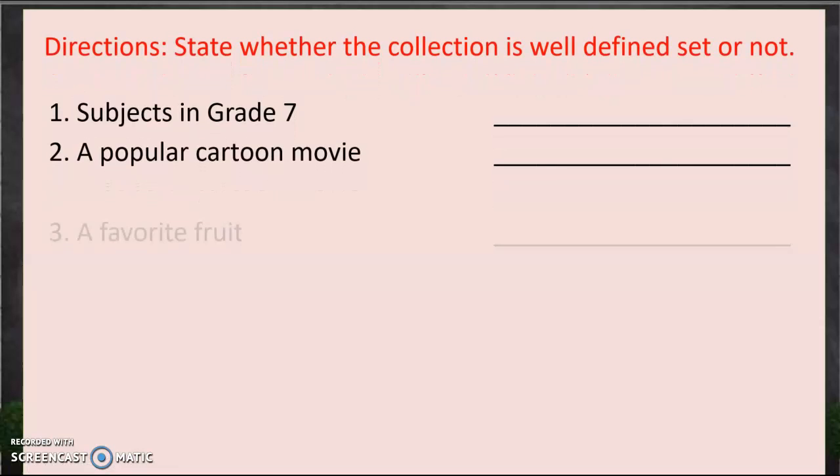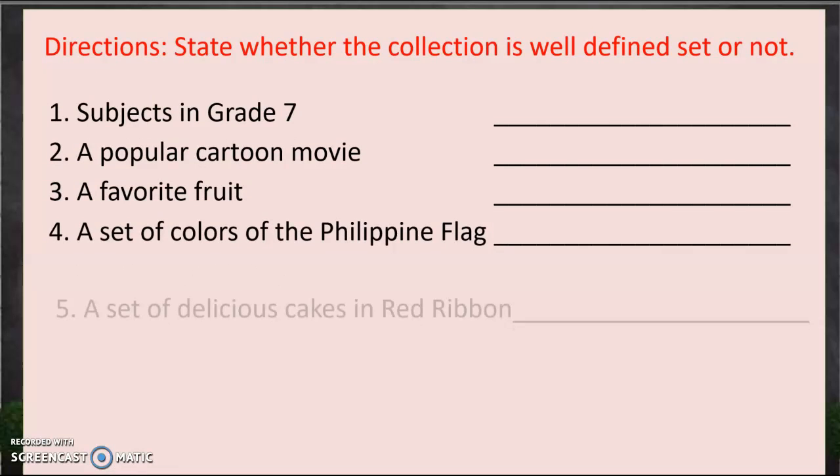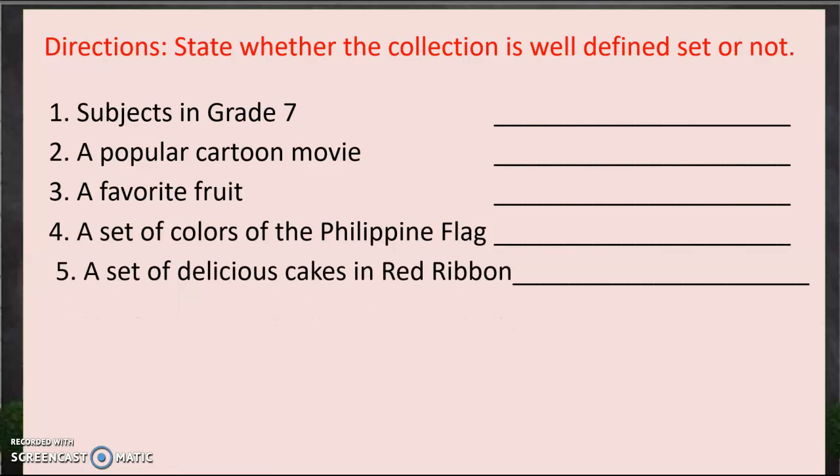State whether the collection is a well-defined set or not. Number 1, subjects in grade 7. It is a well-defined set, since it is curriculum-based, so they have the same subjects. Girls have the same subjects and boys have the same subjects.